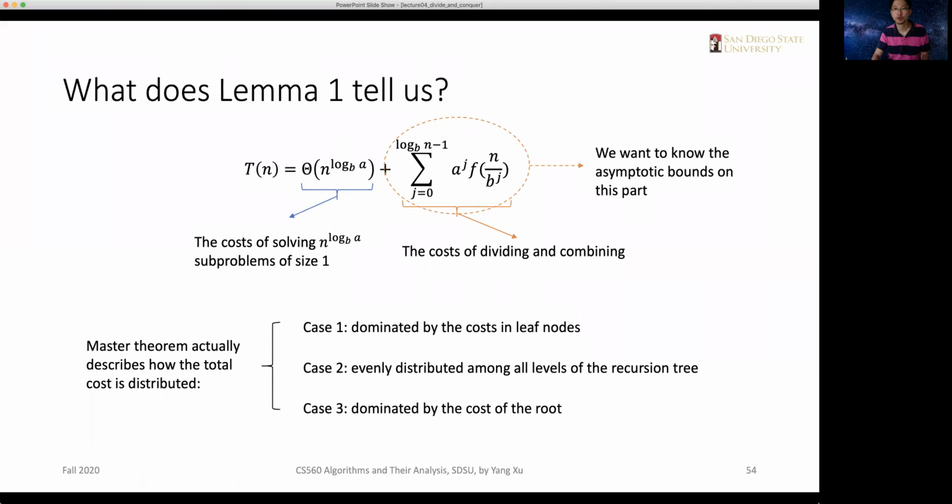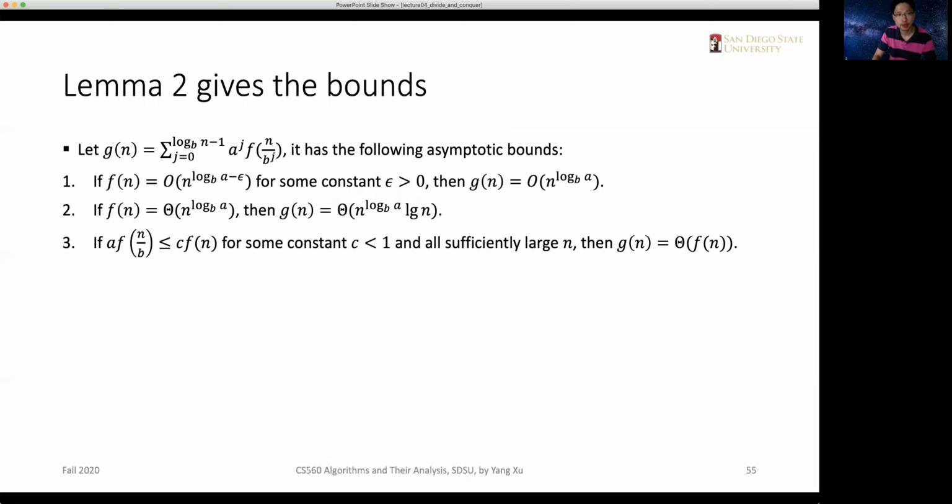Now what we want to do is to know the upper bounds and lower bounds for this pretty ugly summation term. That's what Lemma 2 says. Let g of n denote this very big summation term.